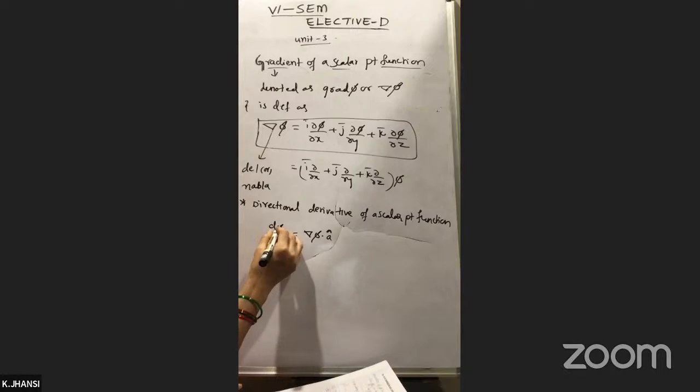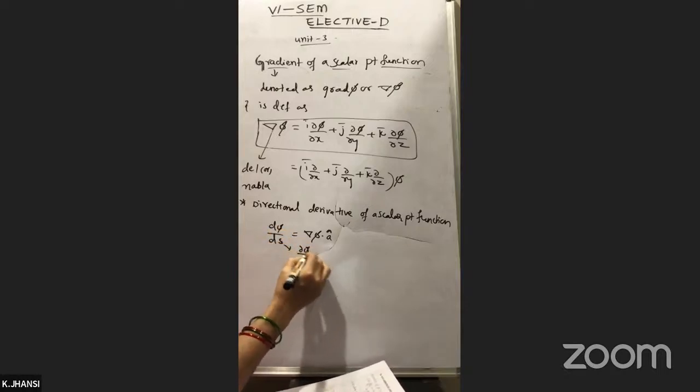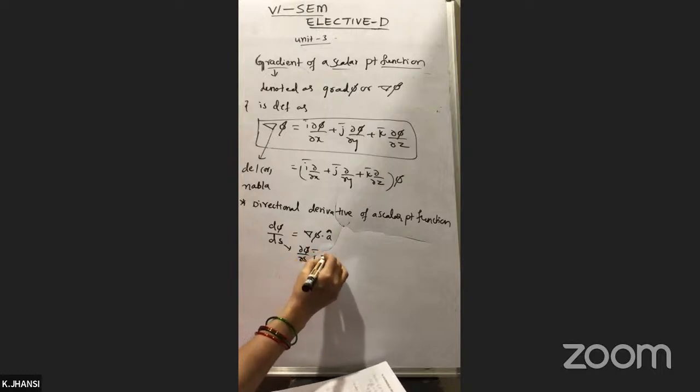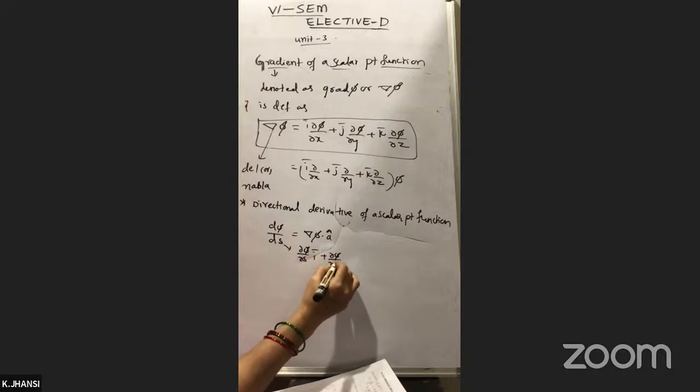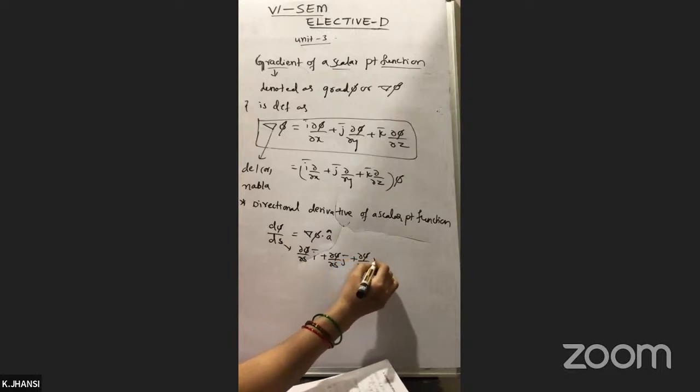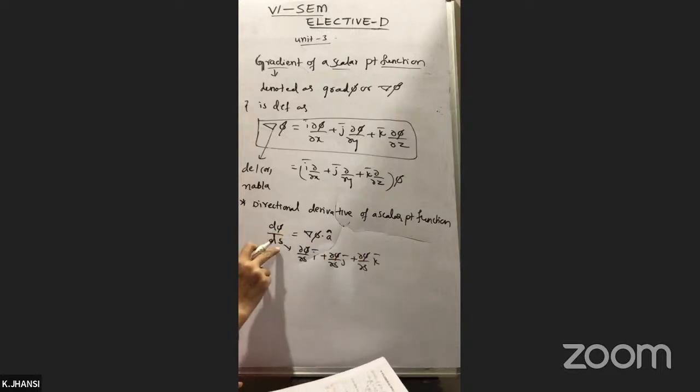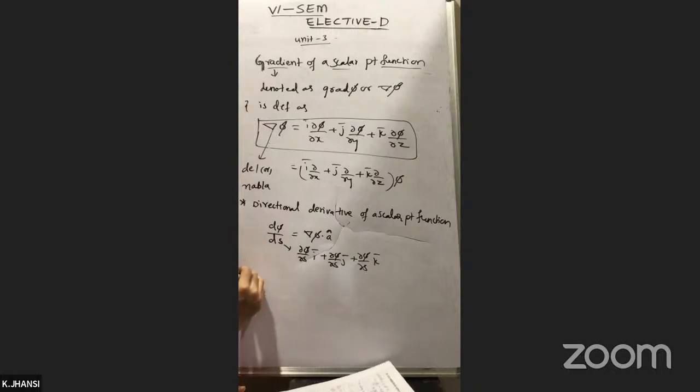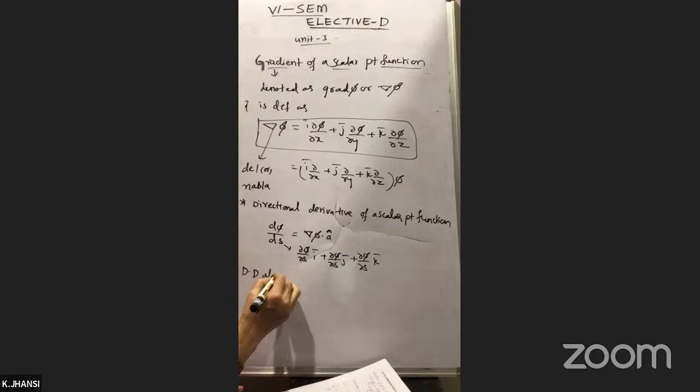So d phi by ds is defined as dou phi by dou s i plus dou phi by dou s j plus dou phi by dou s k. This is the partial differentiation.